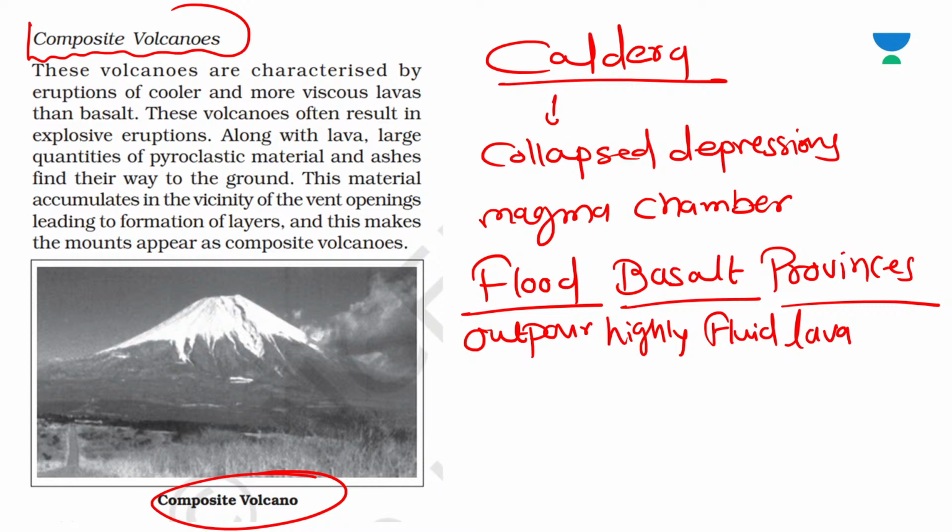So some parts of the world are covered by thousands of square kilometers of thick basalt lava flows. There can be a series of flows, with some flows attaining thickness of more than 50 meters. Individual flows may extend for hundreds of kilometers.